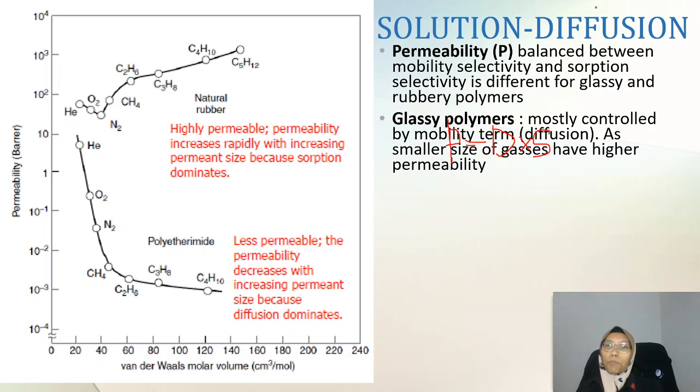Permeability is a product of mobility selectivity and absorption selectivity, where this one is D and this one is S. It's different for glassy and rubbery polymers. This one is equal to D times S.